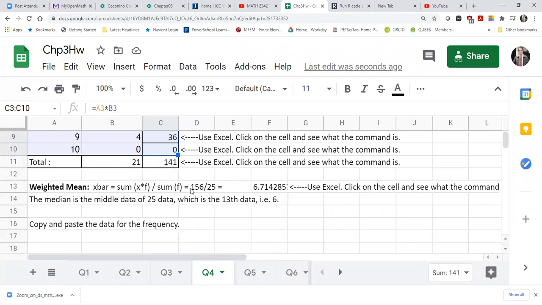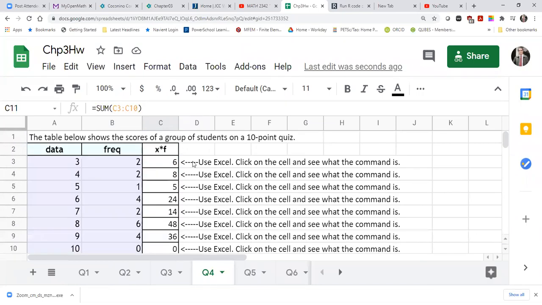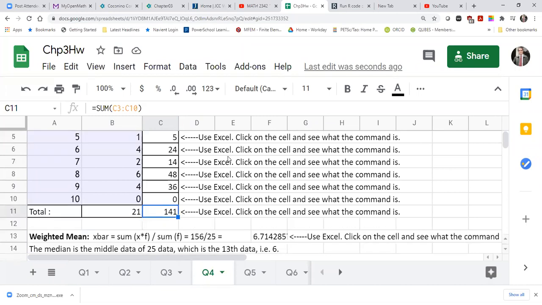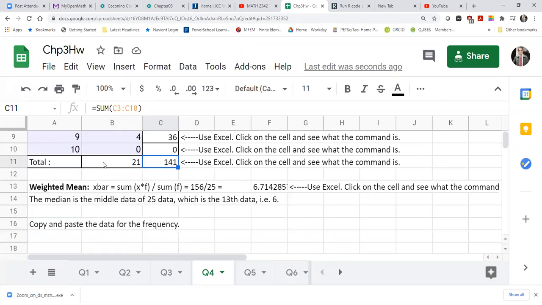Okay. So this one will be the summation of x times f, right? And this is the summation of f. Okay. So you can see here, you divide the summation of x times f, which is C11, by B11, the total of f, or the sum of f.